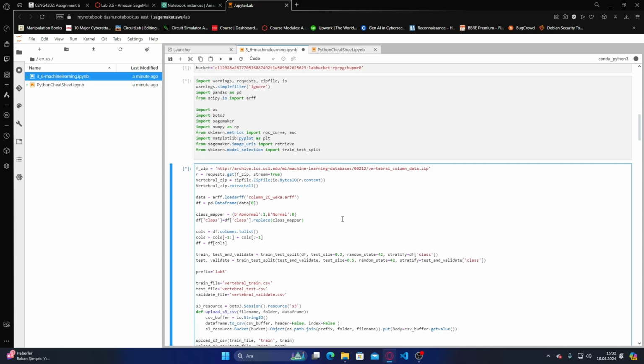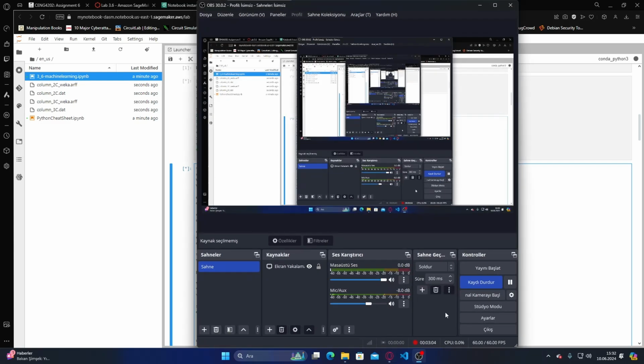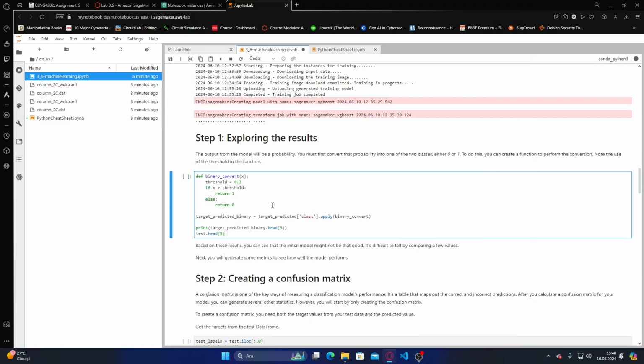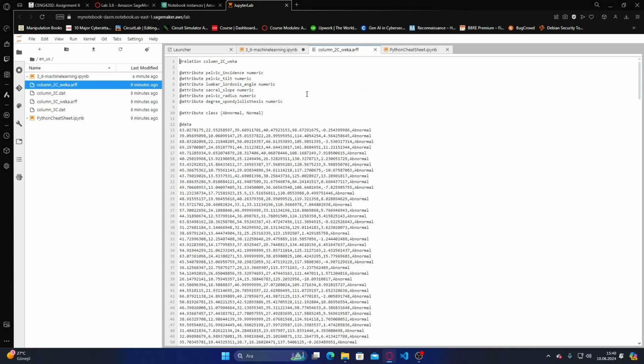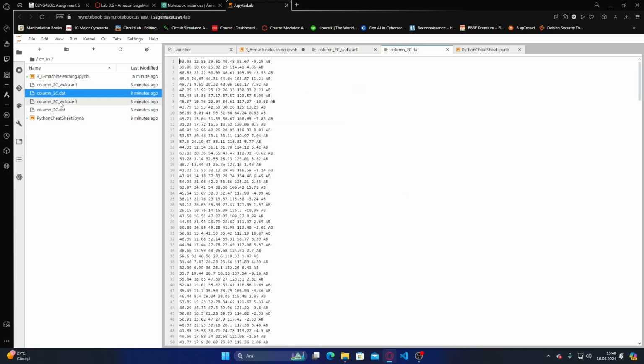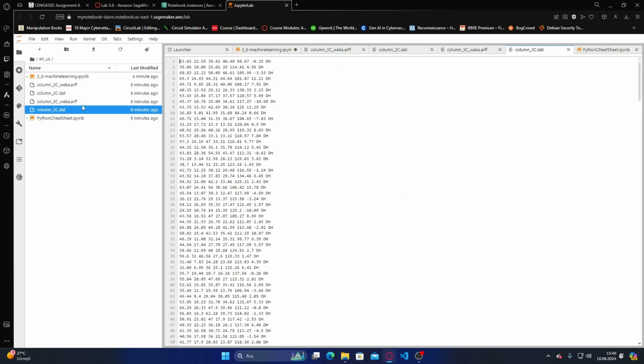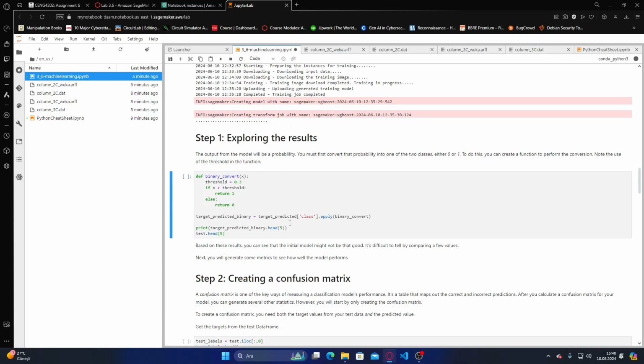After this run, I'm going to run this one. I will stop the recording while I'm waiting. Okay, it has been run. There are our values here, separated. And I'm going here and running this one for the test data.